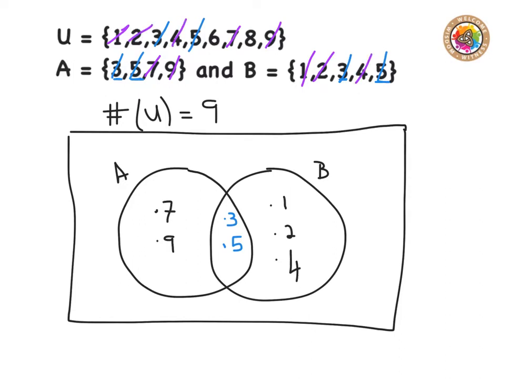And I can see up here in U, there's 6 and 8 left. So they don't go into A and they don't go into B, so they have to go out here in outer space. This space is still in the universe, but not in any other set. So 6 and 8. So that's ours represented on a Venn diagram.